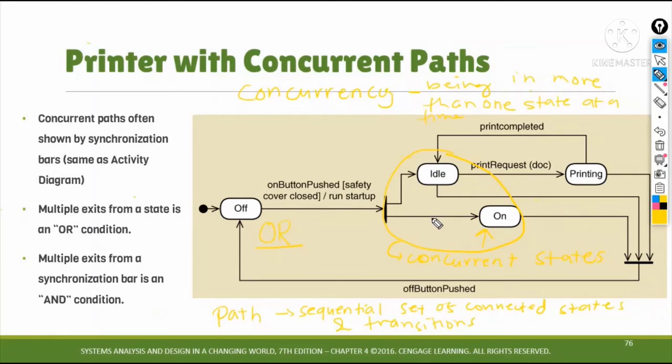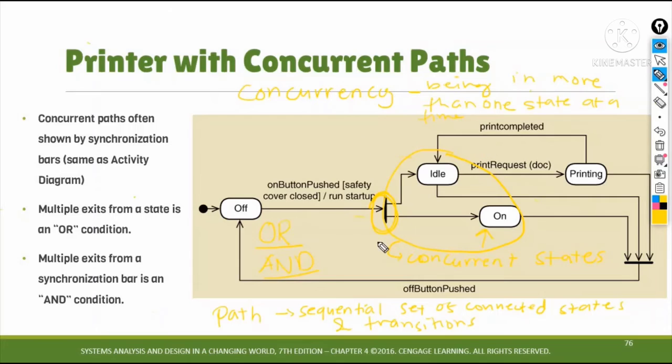To show parallel paths with the object following both paths, that is an AND condition. A synchronization bar, this bar right here, is used.